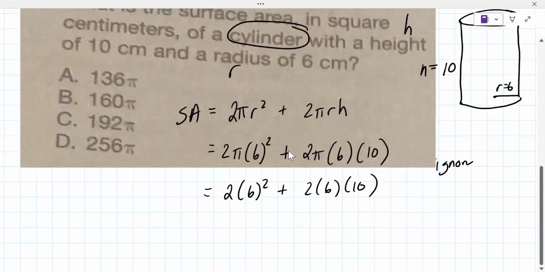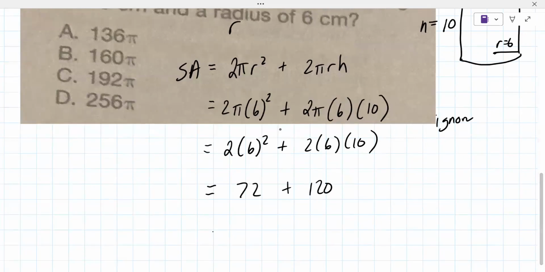So this is 6 times 6, times 2, 72, plus 120. Okay, and what does that become? 192. And so you ignore the pi until the end and then you put the pi back in.